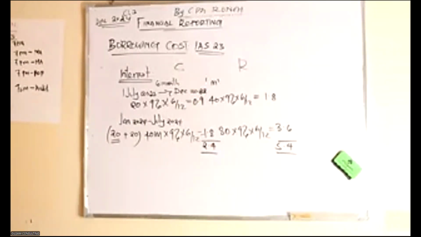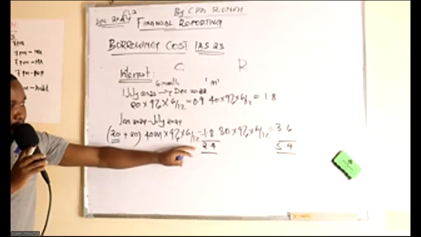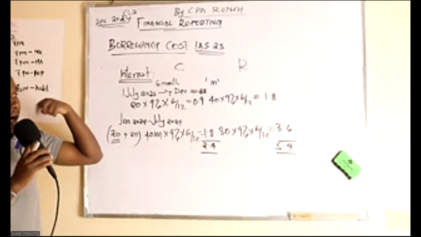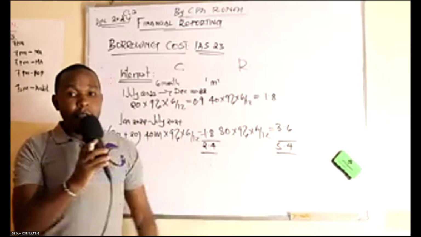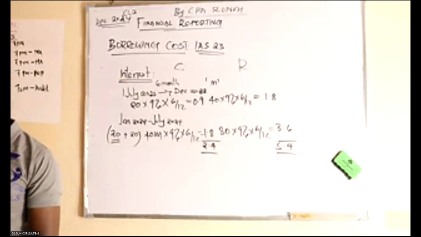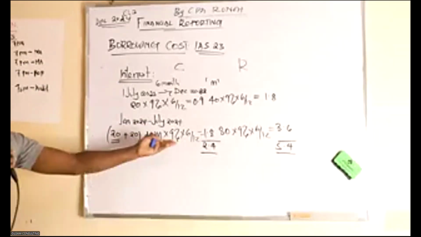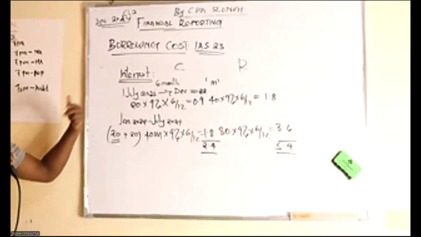So that is the total cost you are going to incur. That is the interest. So you will pay interest of 2.4 million and another one is 5.4 million. But remember, this is the cost. But with this, there is profit you generate.